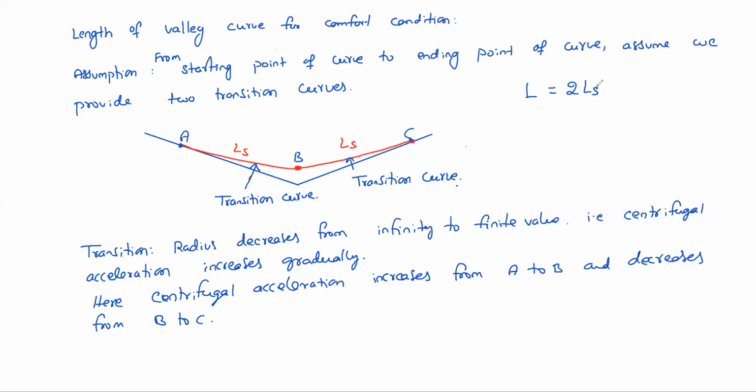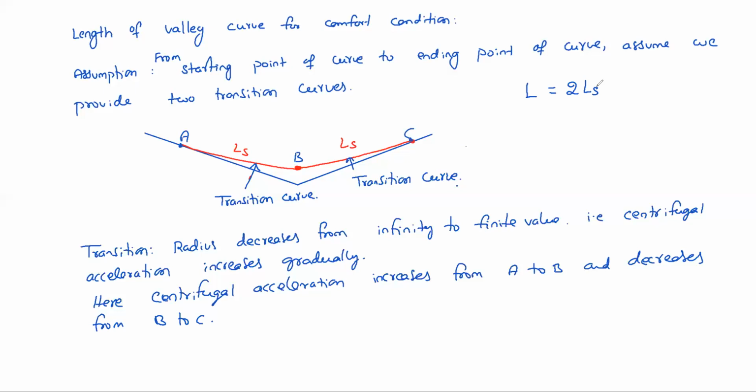Because at the tangent position, if you see from the starting point of the curve, there is no centrifugal acceleration. So gradually the centrifugal acceleration needs to be introduced without causing any discomfort. Then again the centrifugal acceleration needs to be decreased gradually without causing any discomfort. That's why we are providing two transition lengths as a valley curve.